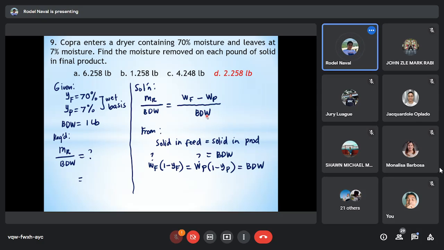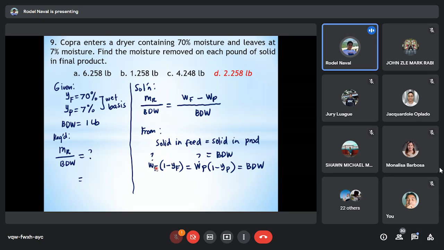From the formula, solid in feed equals solid in product, which is equivalent to bone dry weight. What is the formula for the solid in feed? WF times 1 minus YF equals WP times 1 minus YP equals bone dry weight.